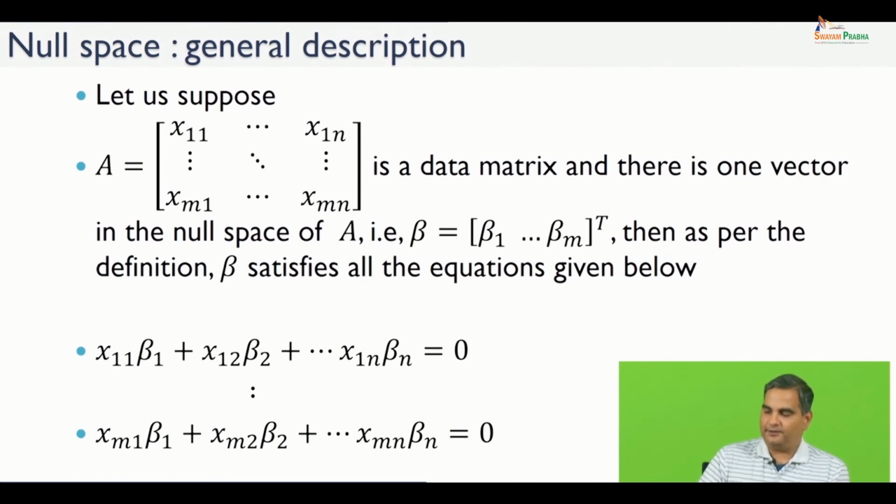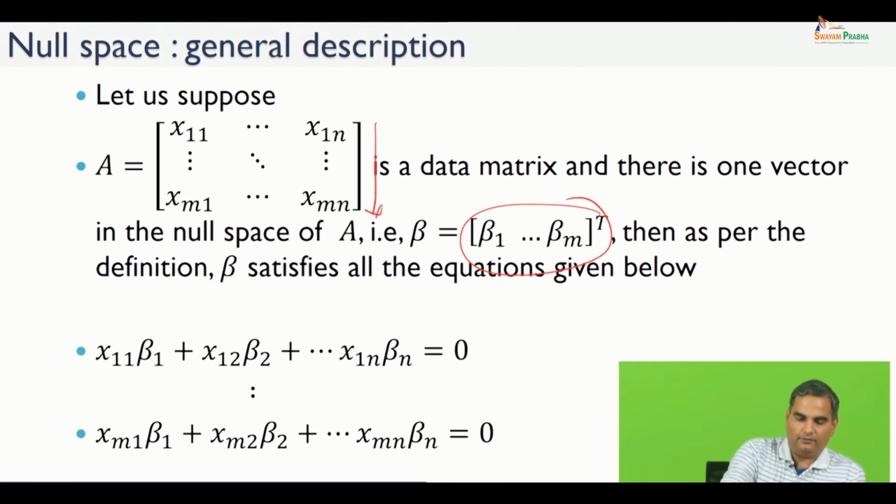Now if there is a beta, which is what we have written here, such that A times beta equals 0, as I mentioned in the previous slide, and I multiply beta with this matrix, then on the right hand side there are going to be several elements, and for beta to be in the null space of this matrix, every one of the elements has to be equal to 0.